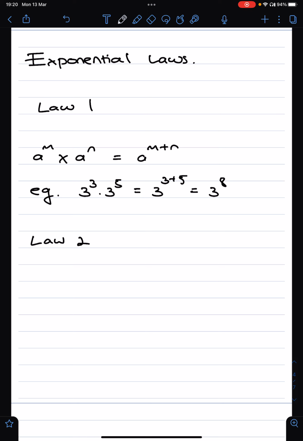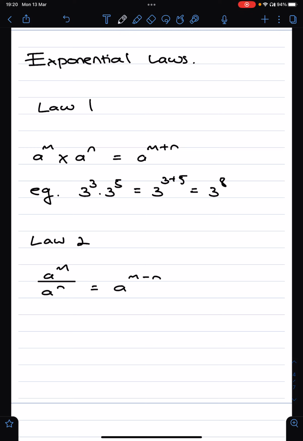Law 2 states that if I have a to the power of m, and I divide that by a to the power of n, that my answer will be a to the power of m minus n.